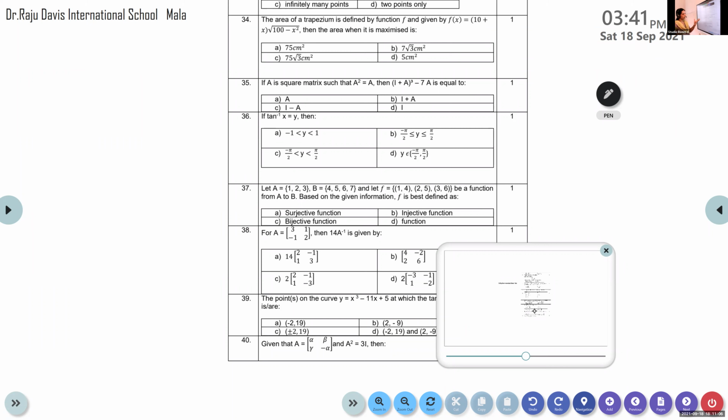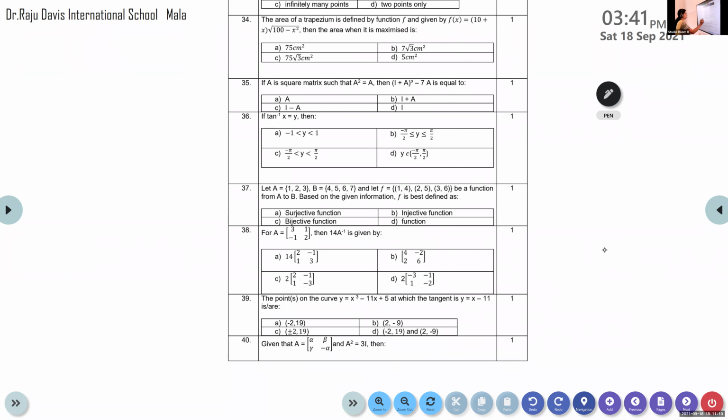Best defined means you may have more than one option. Here it is a function, that is also possible, but which is the best one? Is it a one-one function? One-one function is otherwise called an injective function. So the answer is B.